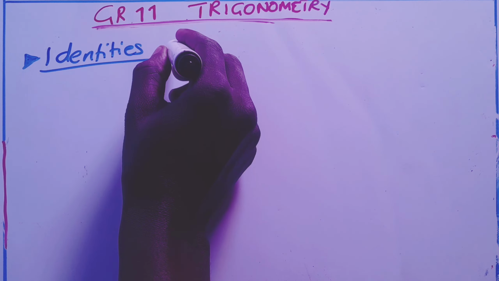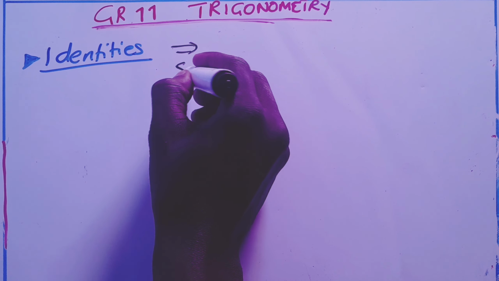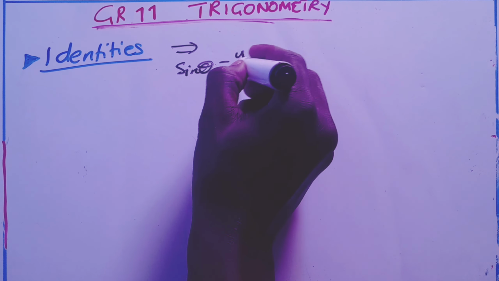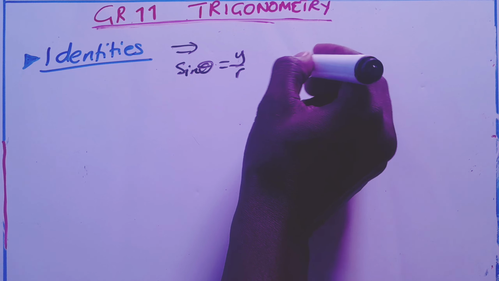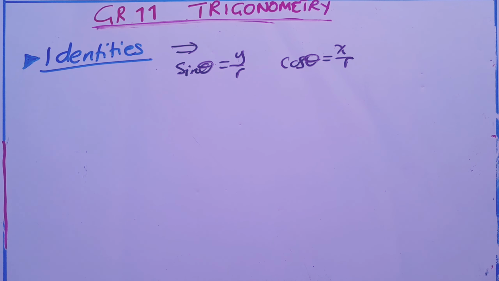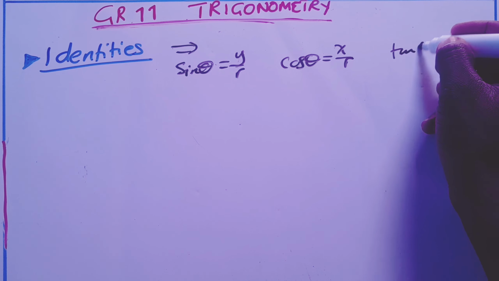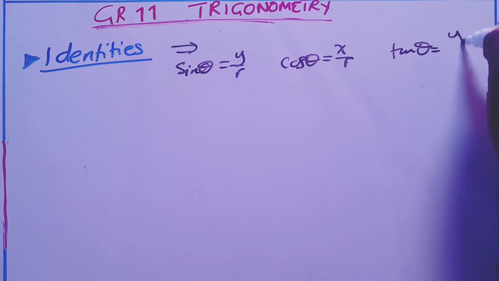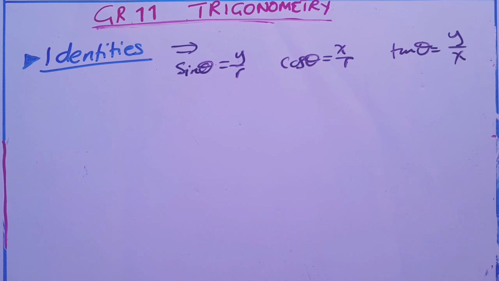From previous work, we have learned that sine of theta is equal to y over r, cos of theta is equal to x over r, and lastly, tan of theta is equal to y over x.